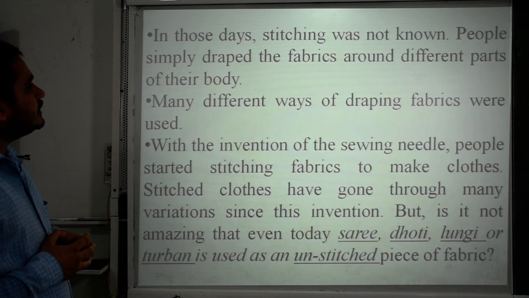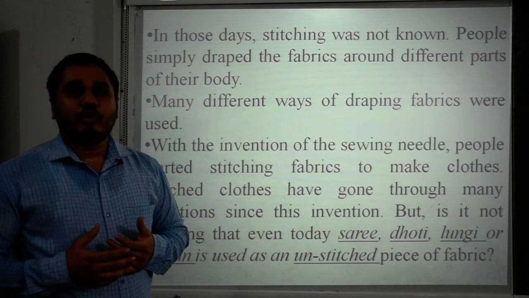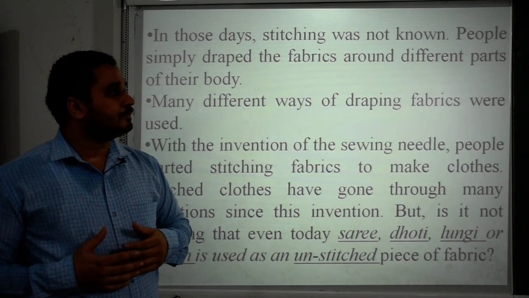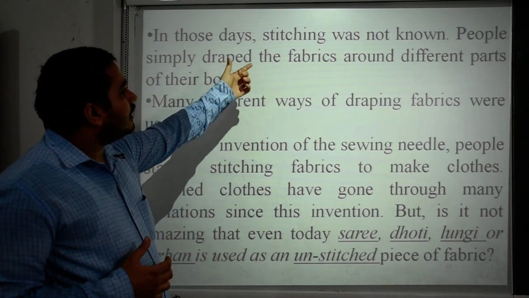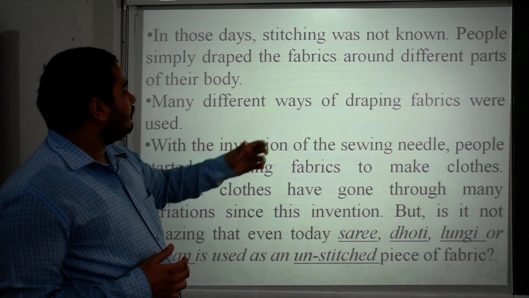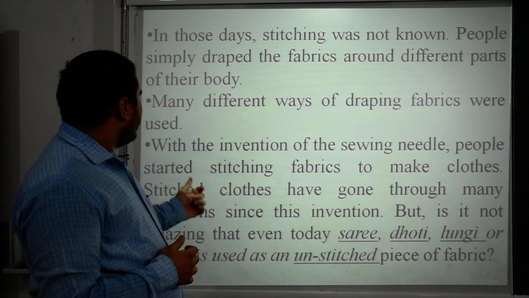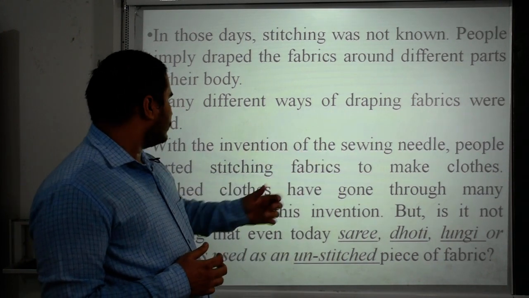In those days, stitching was not known. In India, stitching is said to have come from the Arab countries or the Gulf countries. People simply draped the fabric around different parts of their body. Many different ways of draping fabrics were used. With the invention of sewing needles, people started stitching fabric to make clothes.